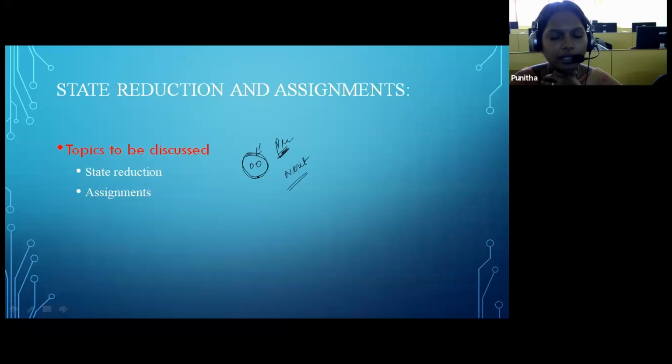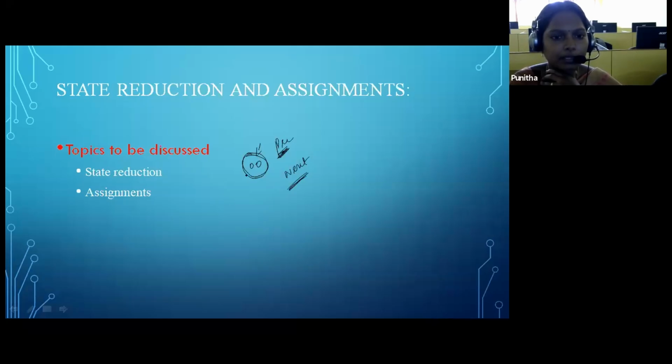After applying the input, it will generate some other state. In that case, we say that state is the next state. These are the things we have to know: what is present state and next state.